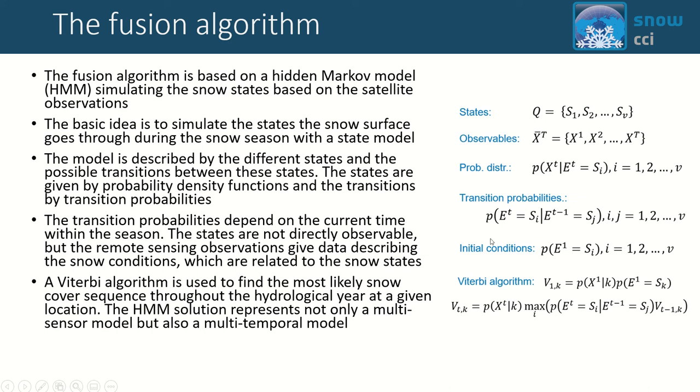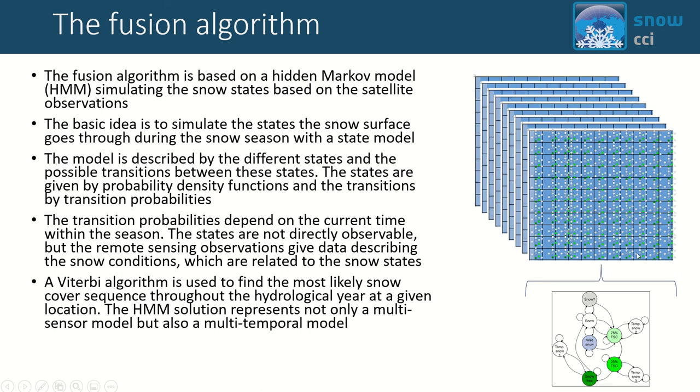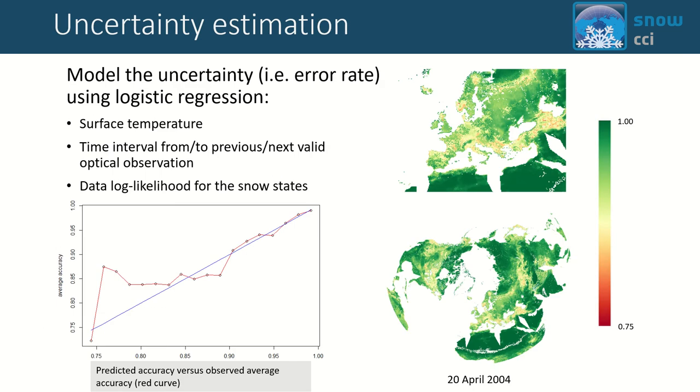And we use the Viterbi algorithm for estimating the most likely snow cover state per pixel per day. So we actually have one hidden Markov model per grid cell in the product. In addition, we estimate the uncertainty of a fractional snow cover on a pixel level using logistic regression.